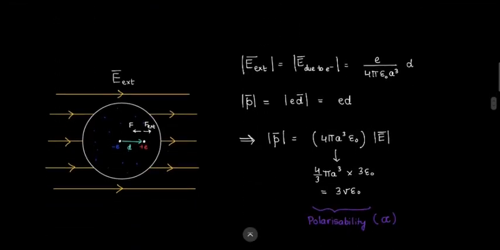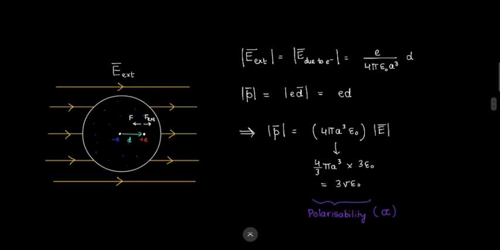Now if I just look at the magnitudes, we know both of their magnitudes are equal: the externally applied electric field as well as the electric field due to the electron cloud. Since I'm taking magnitude, the minus sign is going to go away, and instead of r there is a d here, because that is the distance of separation between minus E and plus E, the length of the dipole.